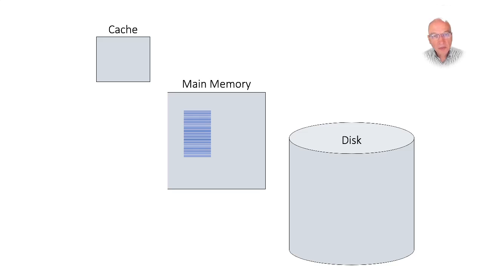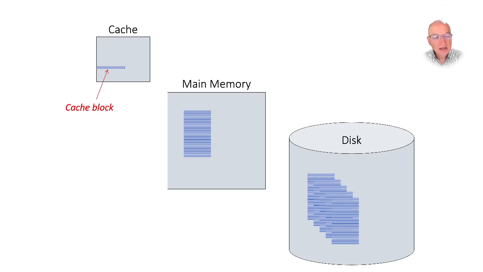So there will be 4 kilobytes in a page, and then I can take one of those and move it into the cache, and this would be a cache block. So the unit of data moving between the main memory and the cache is a cache block. Then, for the movement of data between the disk and the memory, in the disk I divide the data into pages, and when I need to bring data from the disk to the memory, I'm going to bring a page.